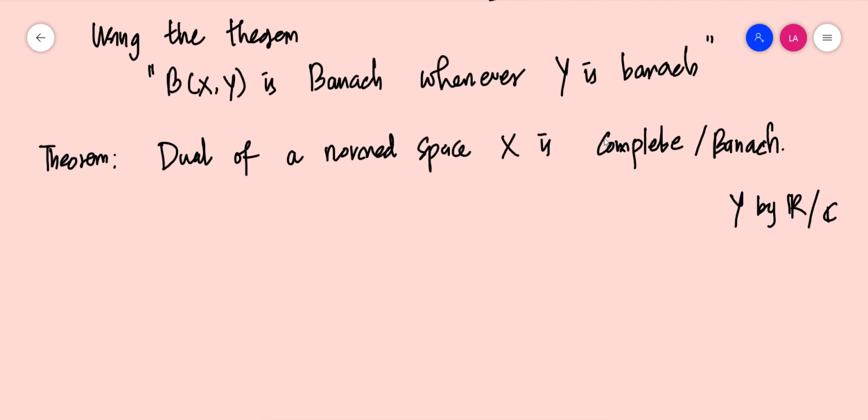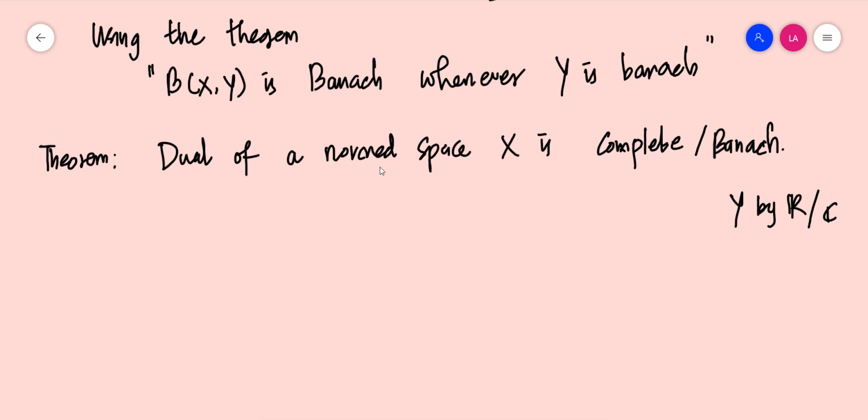So by using this theorem, the dual X dash is always complete. So even though X is not complete, its dual space is always complete. So whenever a normed space is not complete, you can make another normed space from that, which is the dual space, which is always complete. So that's the basic idea about the dual space.